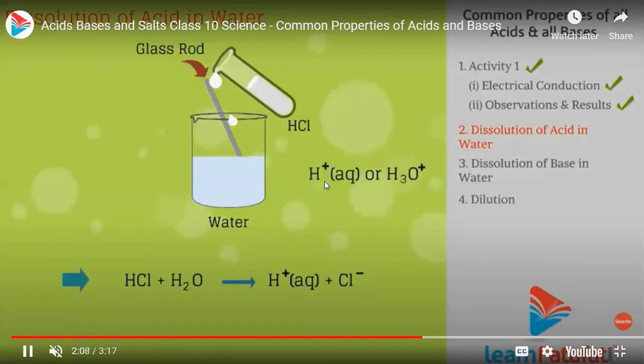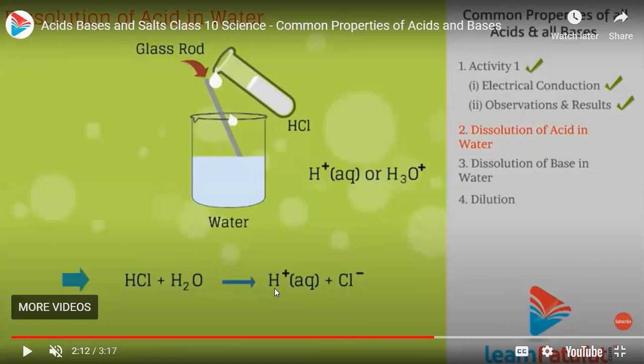Now why have I written H+ or H3O+? Because H+ cannot exist in water, it cannot exist in the form of H+ alone. Obviously, HCl breaks down to H+ and Cl-. This H+ is released from HCl. When it comes in contact with water, H2O, it will form H3O+. Initially HCl breaks down into H+ and Cl-.